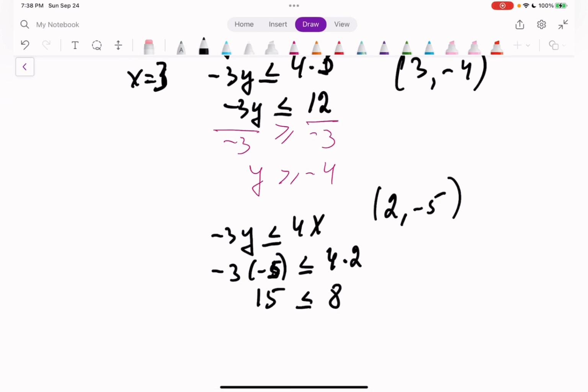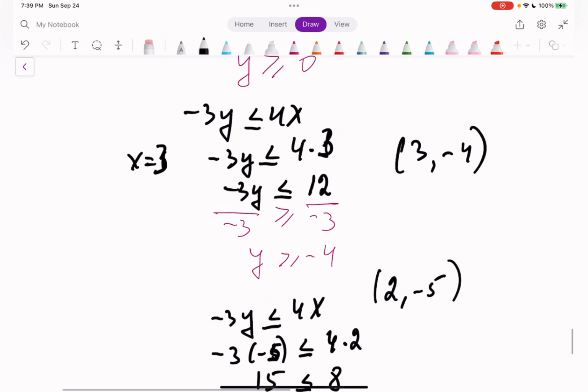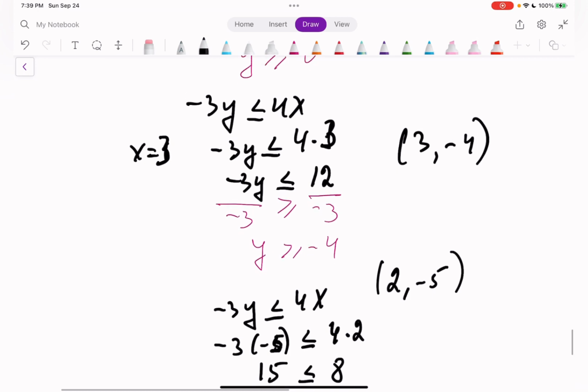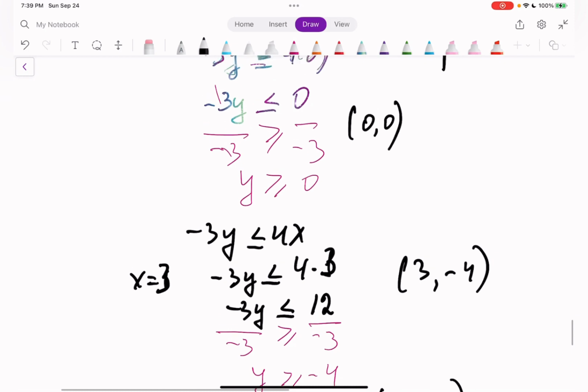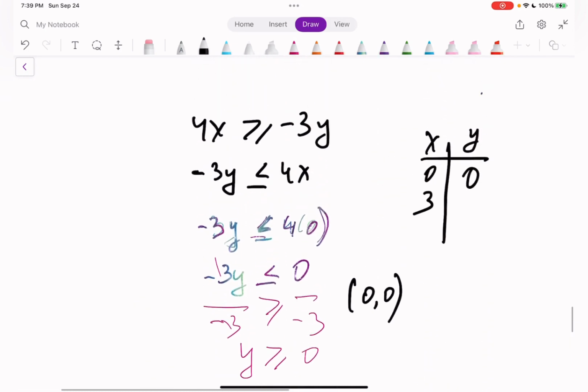Hold on. Negative 3y is less than or equal to 4x. One second, I was checking. Did I have 4x greater than 3y?